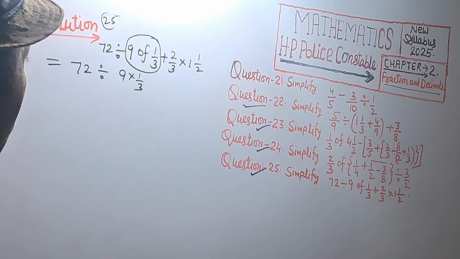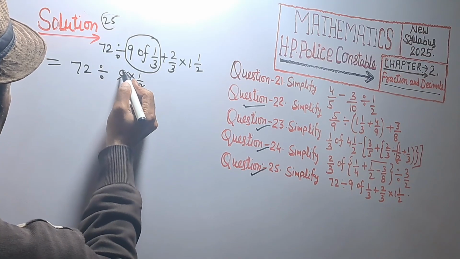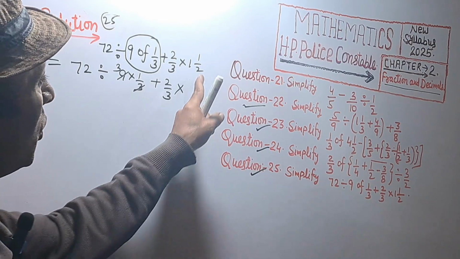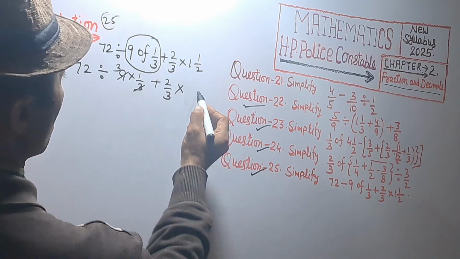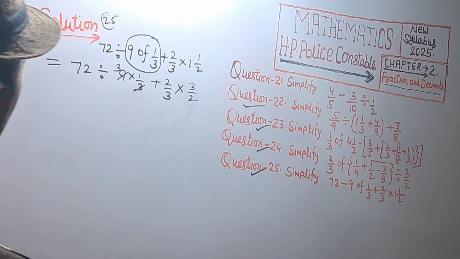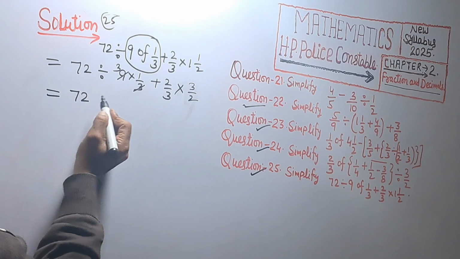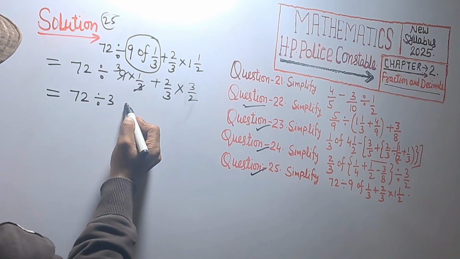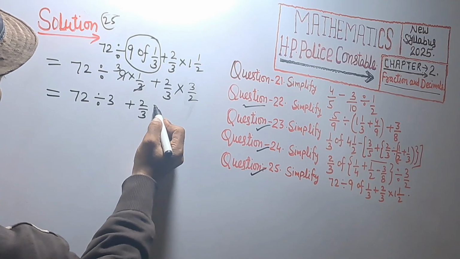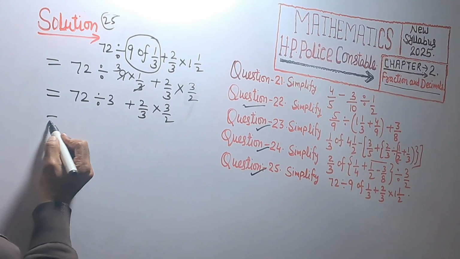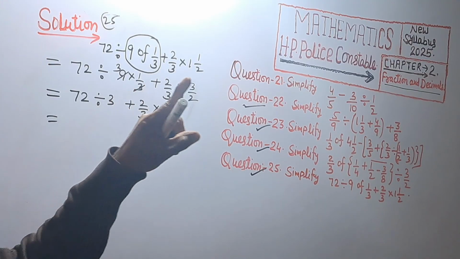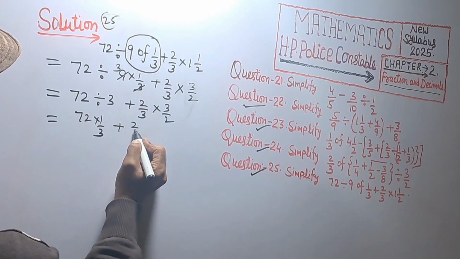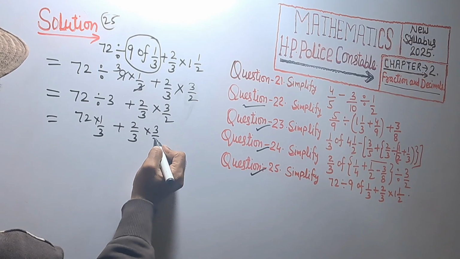Of means multiply, and that is 3 3s are 9 plus 2 upon 3 as it is into 2 1s are 2 plus 1, 3 upon 2, equal to 72 divided by 3 plus 2 upon 3 into 3 upon 2, and divide change in multiply, so 72 into 1 upon 3 plus 2 upon 3 into 3 upon 2.